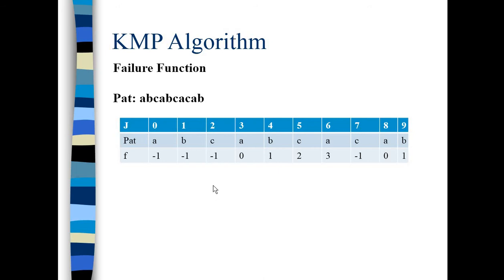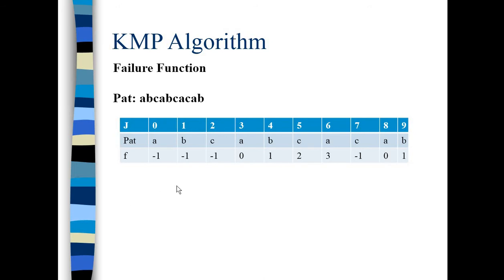So you may get a question like how to calculate the failure values. We may give you the pattern string, and ask you to apply the failure function over it.